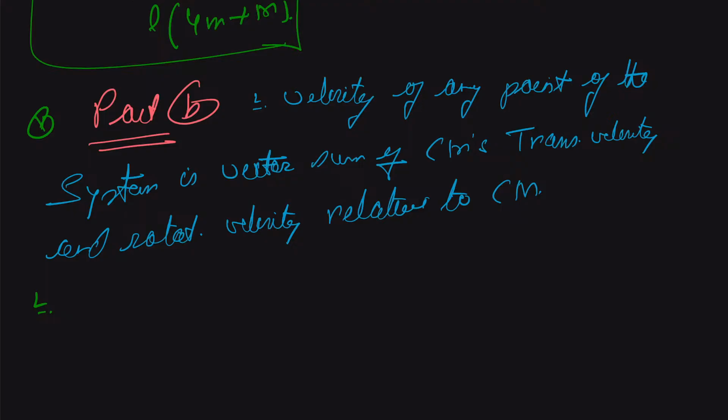For that, let us assume that there is a point on the system which is at a distance y from the end. So this is our end.